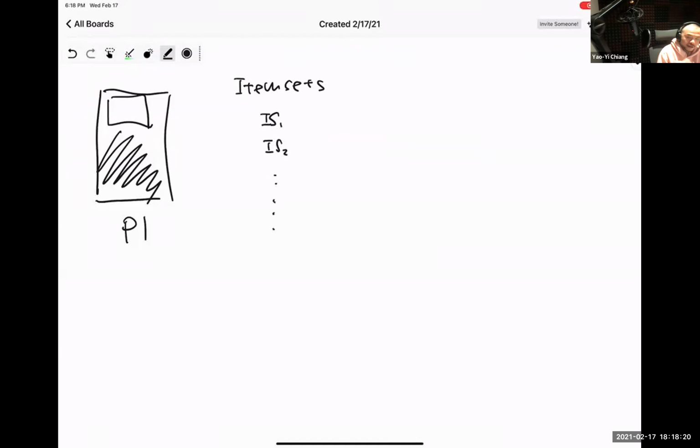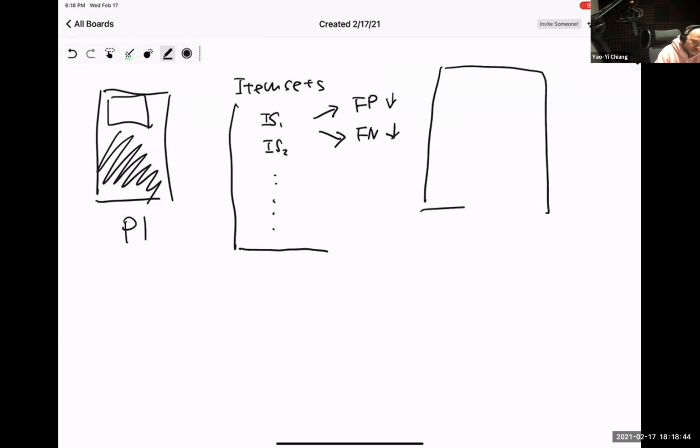These are your candidates. Because we are only processing the sample, this will contain false positives and false negatives. In order to minimize this, we use a small support threshold.